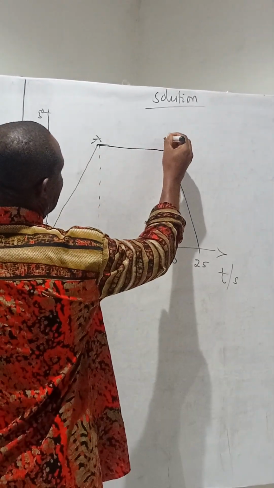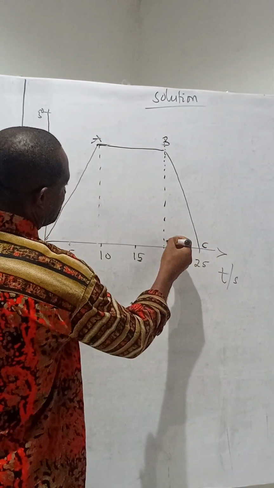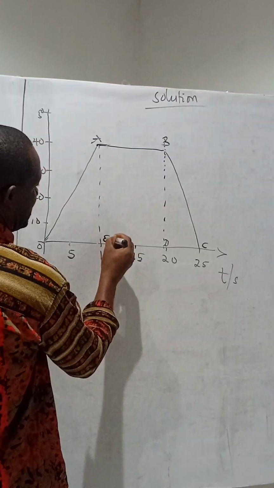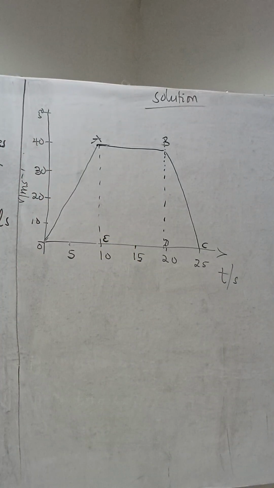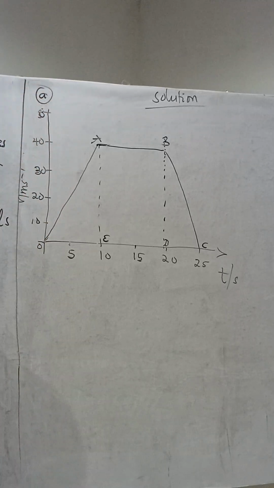So let us indicate the vertices A, B, C. Let us put D here, and then let us put E here. So yes, this is our velocity time graph for the motion of the car. So this solves the A part of the question.